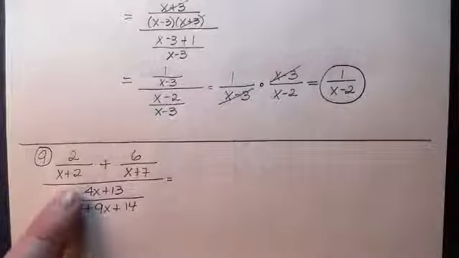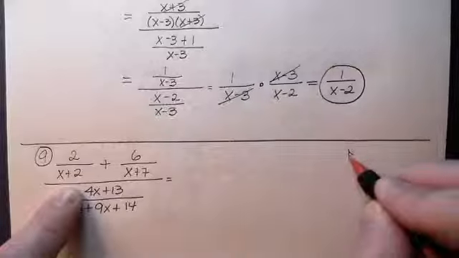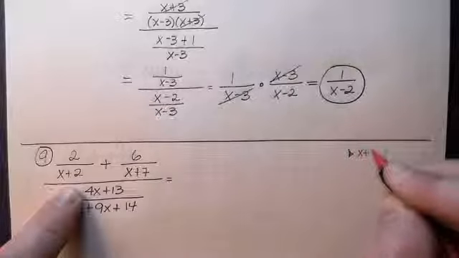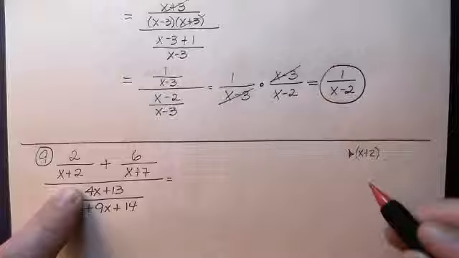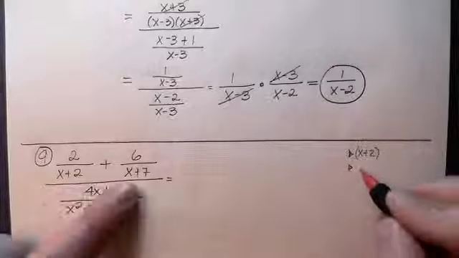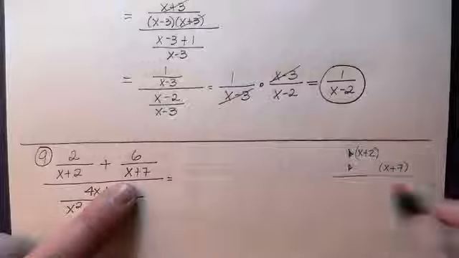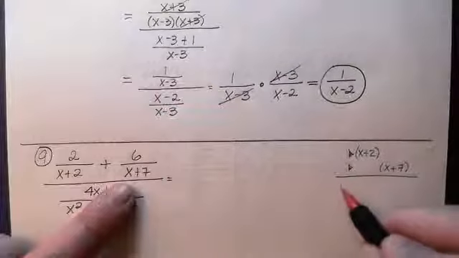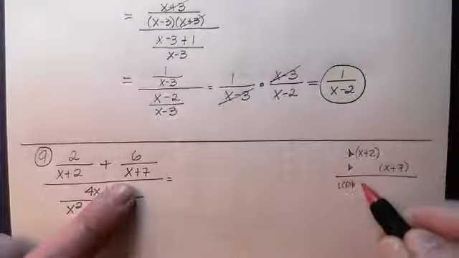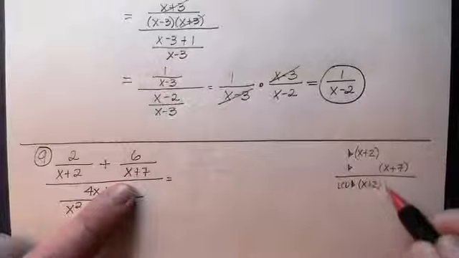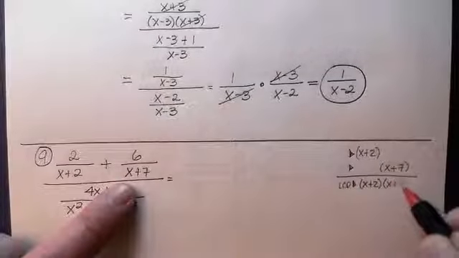First thing I'm going to do is find the common denominator for the top. So I have x plus 2 and I also have x plus 7. And when I compare them, my LCD is going to be x plus 2, x plus 7.